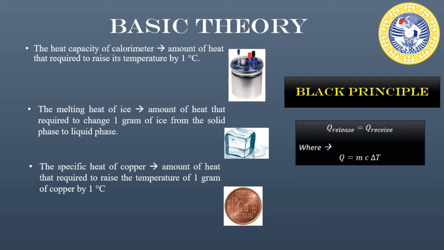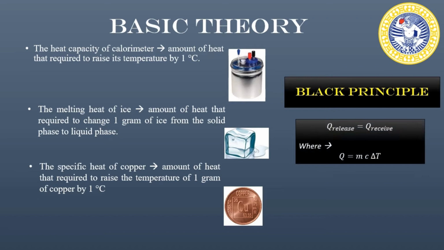On the right side of this slide, you can see that the quantity of heat is given the symbol Q, and the formula is Q equals M times C times delta T, where C stands for specific heat, M stands for mass in grams, and delta T is the temperature change in degrees Celsius or Kelvin.